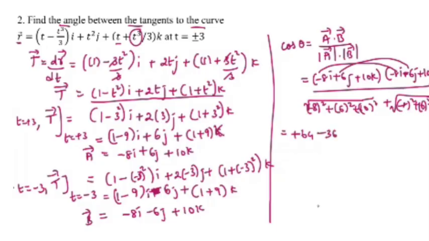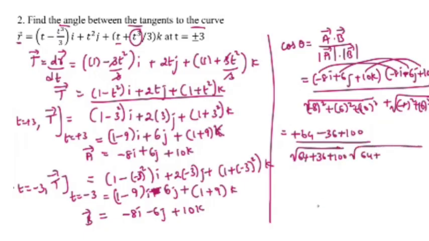Then 10 plus into plus is plus, 10 10s are 100, divided by root of 8 8s are 64 plus 36, 10 10s are 100. The same for the other one also.